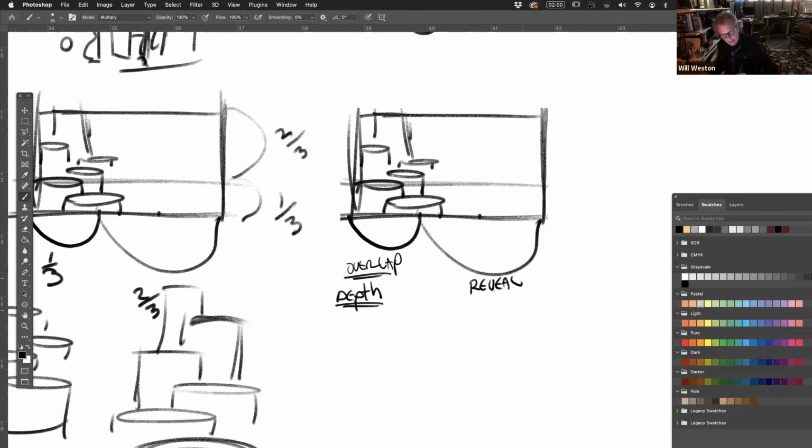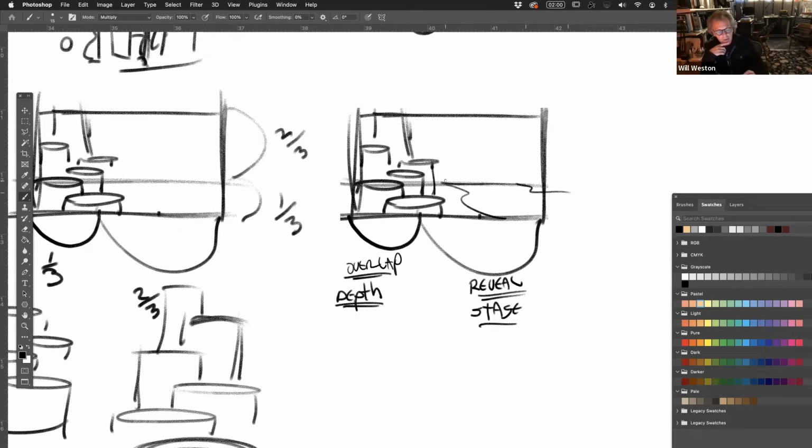And what reveal is, stage. Now, for Hollywood purposes, my characters are going to walk in an area like this. So that's the stage, okay?